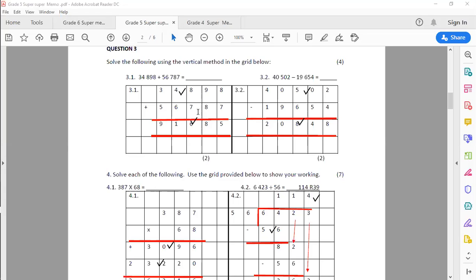Base 10 basically says that you change and become higher once you've passed 10. You count 1, 2, 3, up to 10, 11, 12, 13, 14.